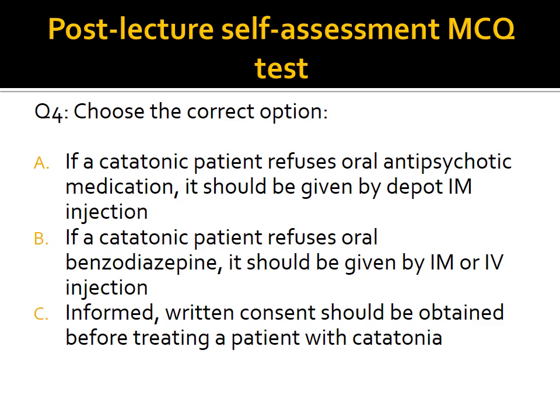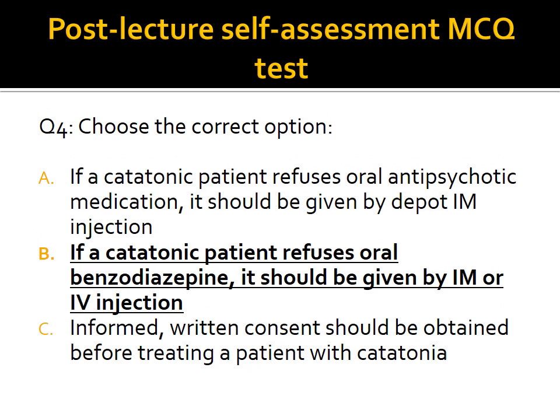If you want, you can pause now. The correct answer is option B. Option A is wrong because you generally do not give antipsychotic medication to a catatonic patient, and you certainly will not give a long-acting depot injection. Option C is wrong because a patient in catatonic stupor would not be in a position to give informed written consent.